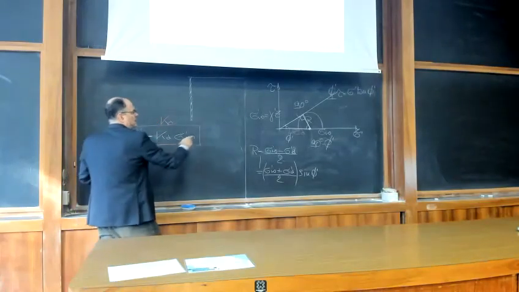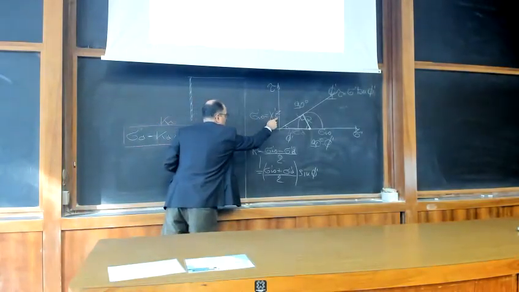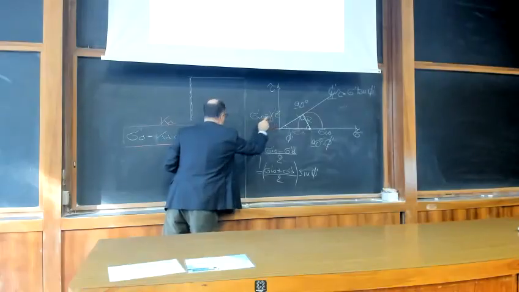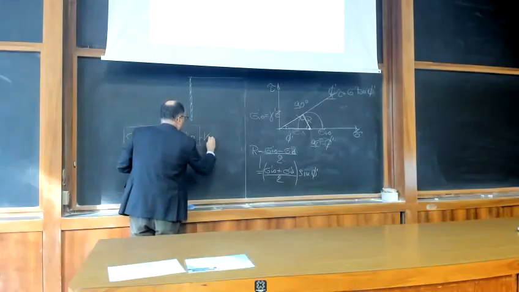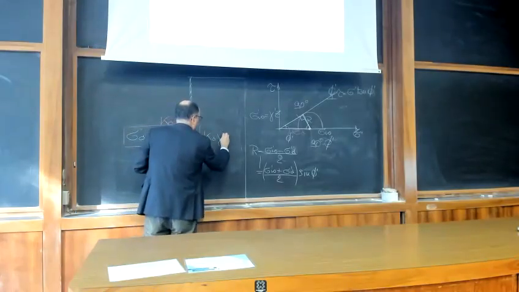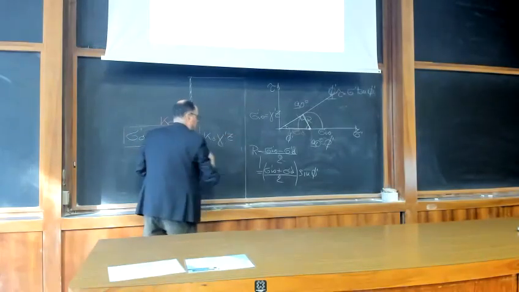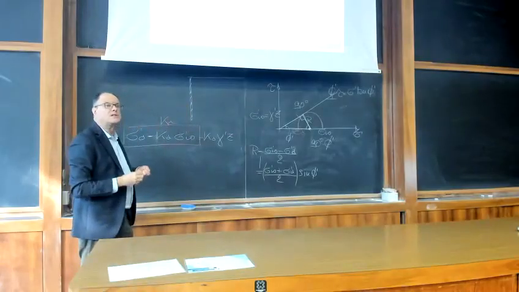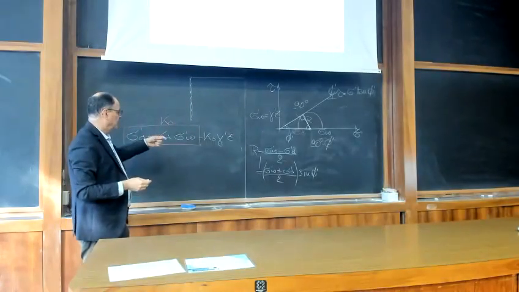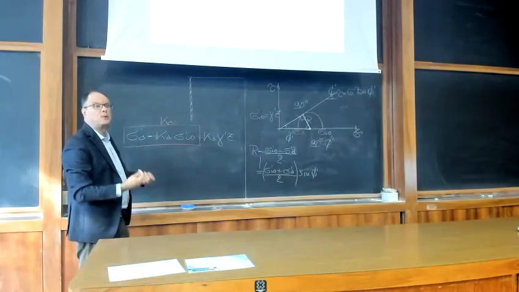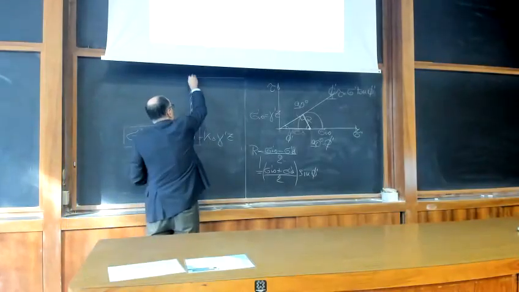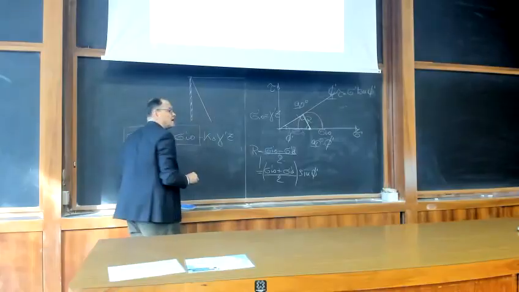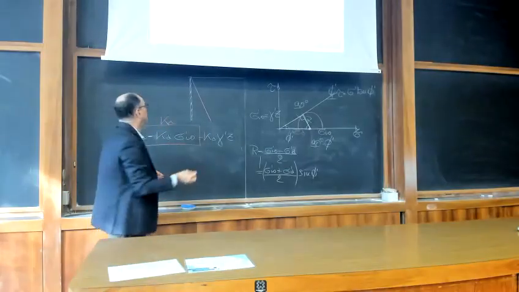Now remember, this increases with Z, so this is linearly increasing, so you have essentially Ka gamma dash Z. And once again, the trend with depth of your active pressure will be like that, as we drew before. Okay?